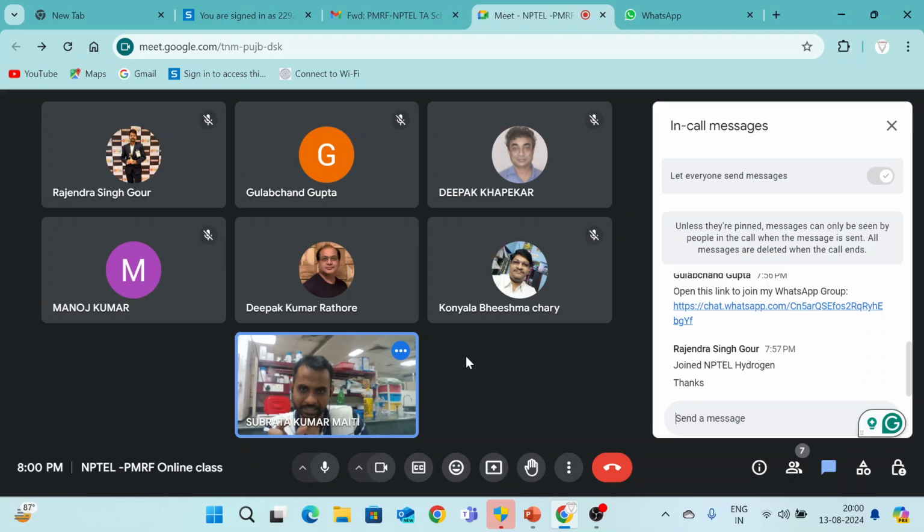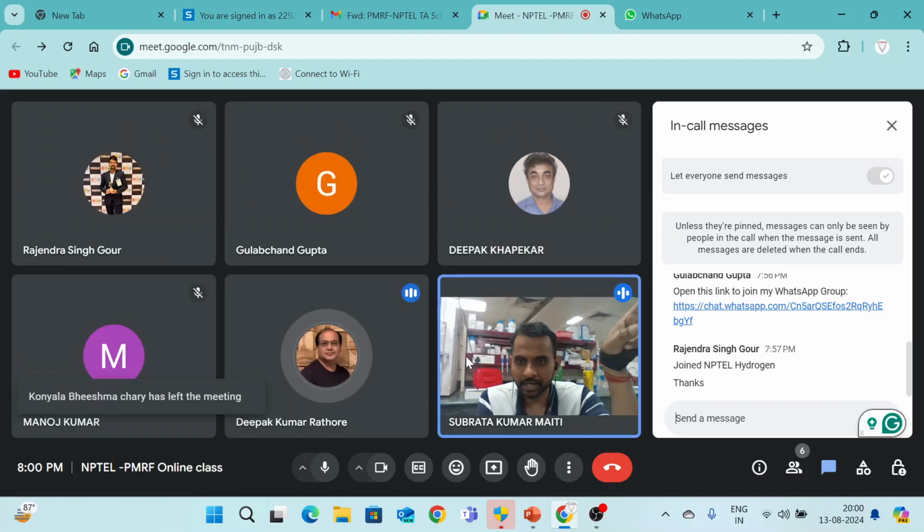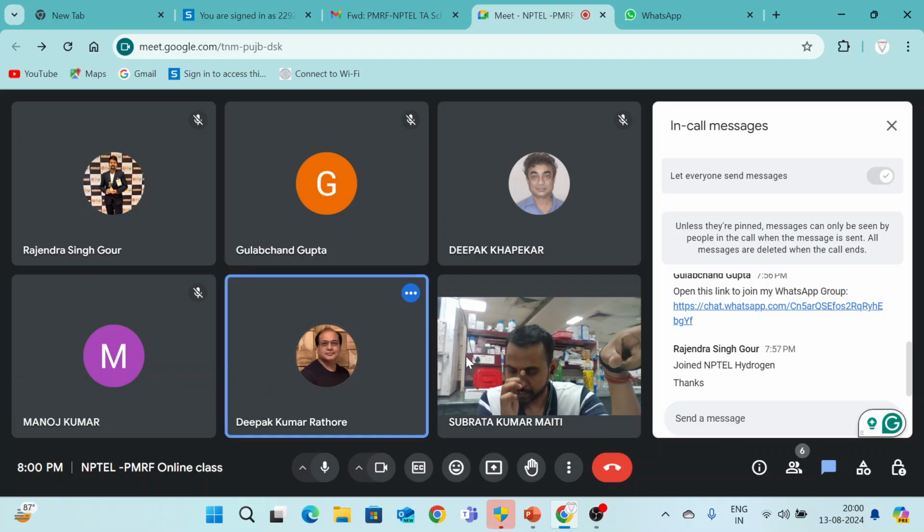The Toyota Mirai is a hydrogen fuel cell car, inaugurated by our minister Nitin Gadkari in India. Only one car is there in India, the Mirai Toyota, powered by hydrogen fuel.